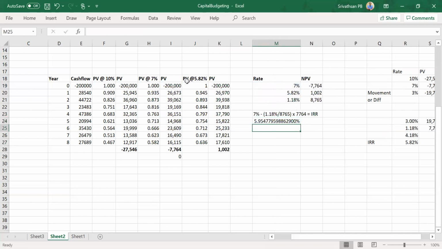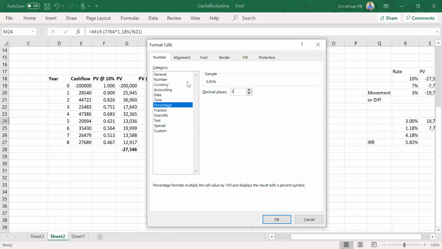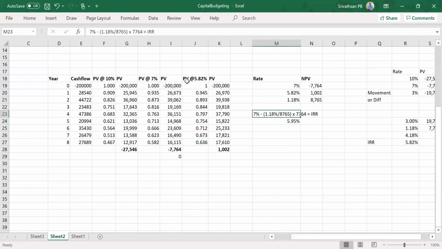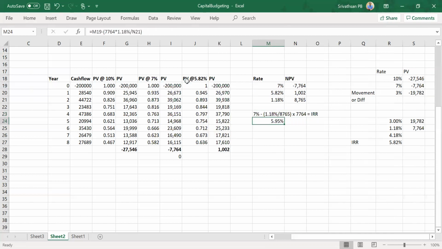That's it. So it says it should be 5.95%. Extrapolation. When we start from 7%, the rate must come down, so subtract it. For a movement of 1.18, if it is 8,765 rupees, what we need is a movement of 7,764. To achieve that, what should be the change? If I apply that, we get a final number of 5.95.